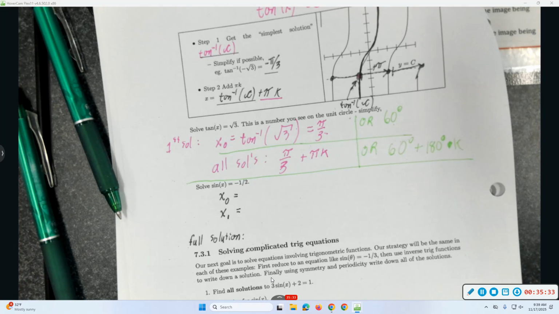See if that's a number you see on the unit circle. And compare answers with neighbors and see how things look.